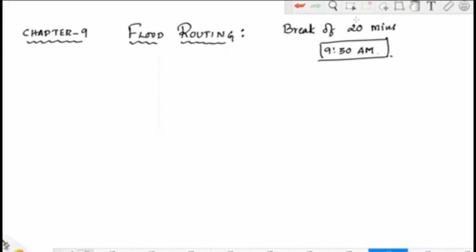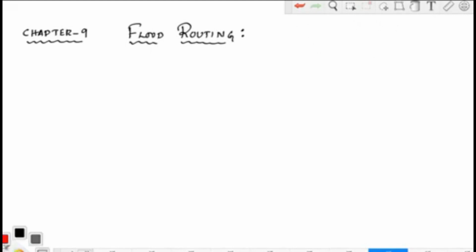So welcome back. So we shall start with flood routing. So in flood routing, methods of flood routing.